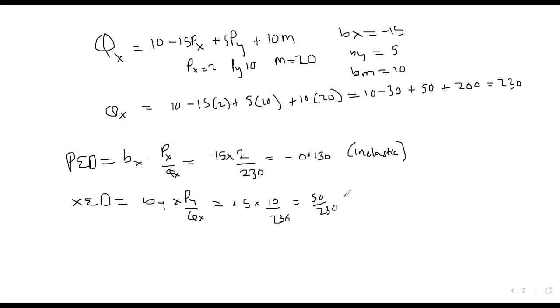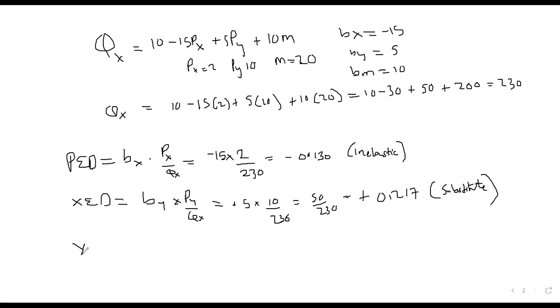And the answer is positive. Who remembers? When you get a positive cross price elasticity, what does it mean? It means 0.217. It means that what? Substitutes. All right. This one doesn't miss.